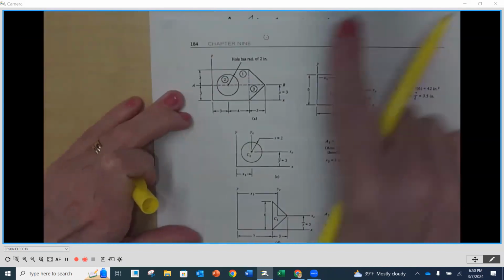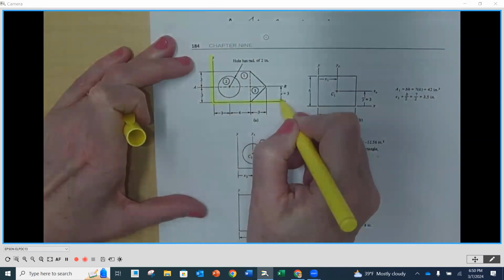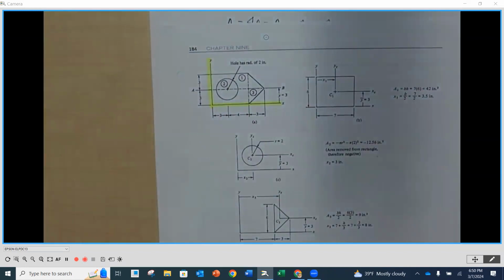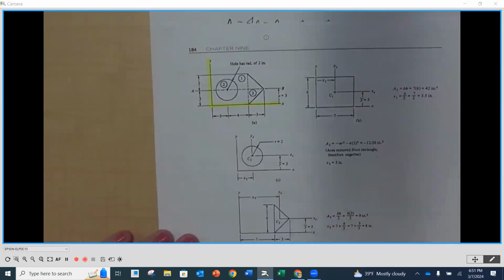So you're going to notice in this figure, they have an X and a Y axis. That means that's where all of our dimensions are going to come from. When you have your problems, you are going to have the X and Y axis identified for you. So you have to use that X and Y axis in the calculations for the X bar and the Y bar. Ours is going to come from the intersection of that lower left-hand corner.